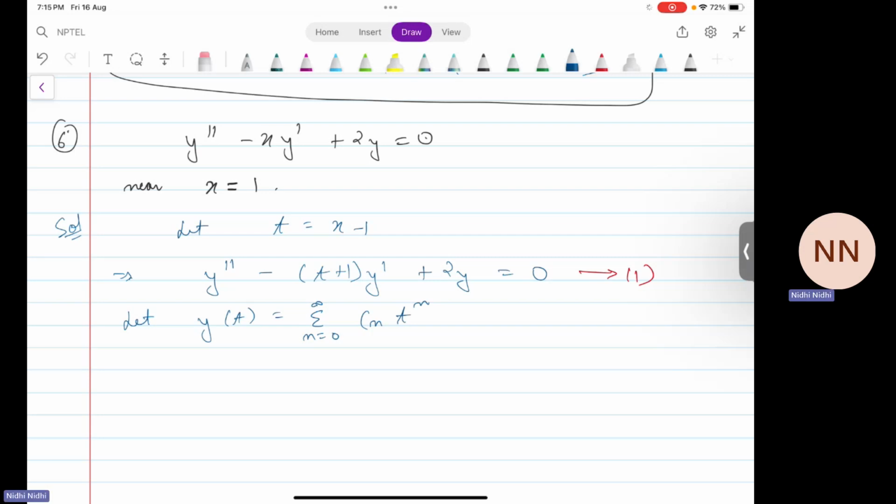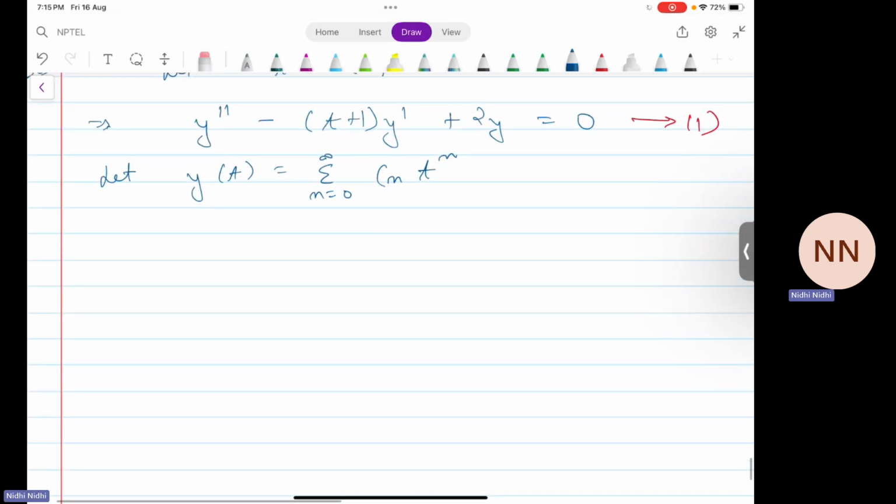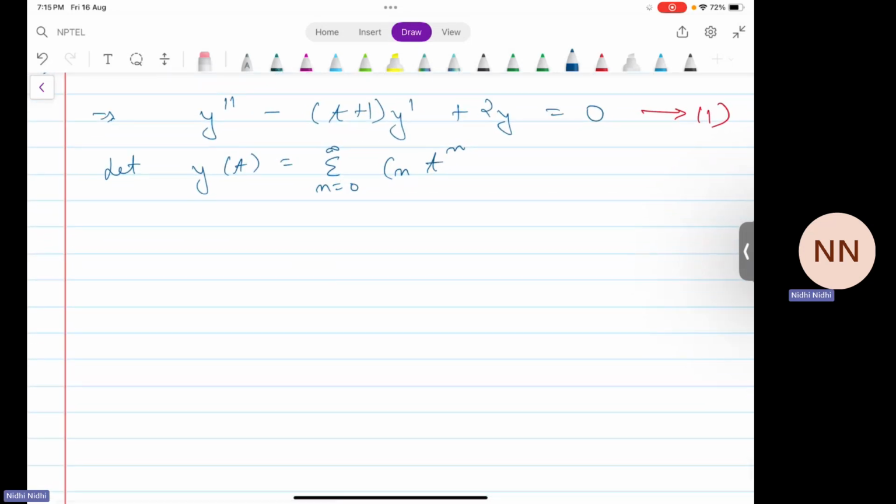So finally we'll get, I'm just writing it directly, please calculate it yourself. All these are just basic calculations.